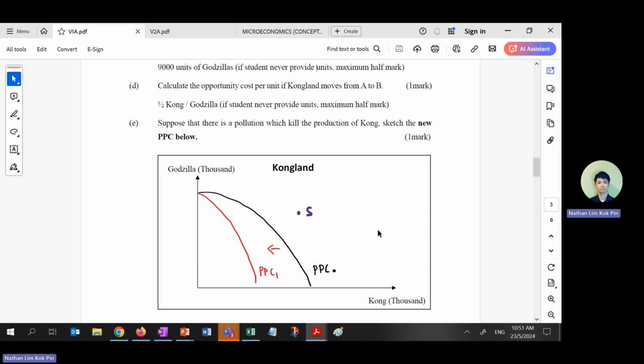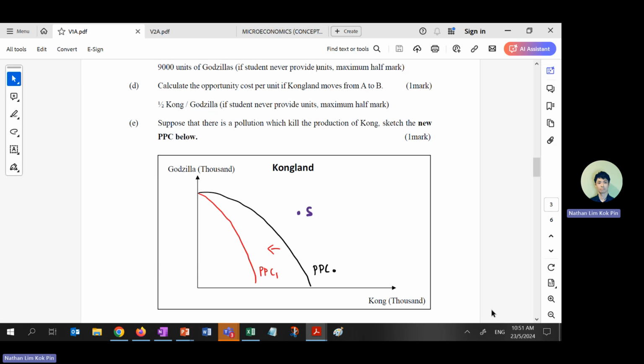I don't know if you watched or not. I watched. But I think half of you maybe never watched Godzilla versus Kong or Godzilla before. So I decided to change my answer to a shift in 1H only, which means if the pollution kills Kong, PPC 0 equals PPC 1.